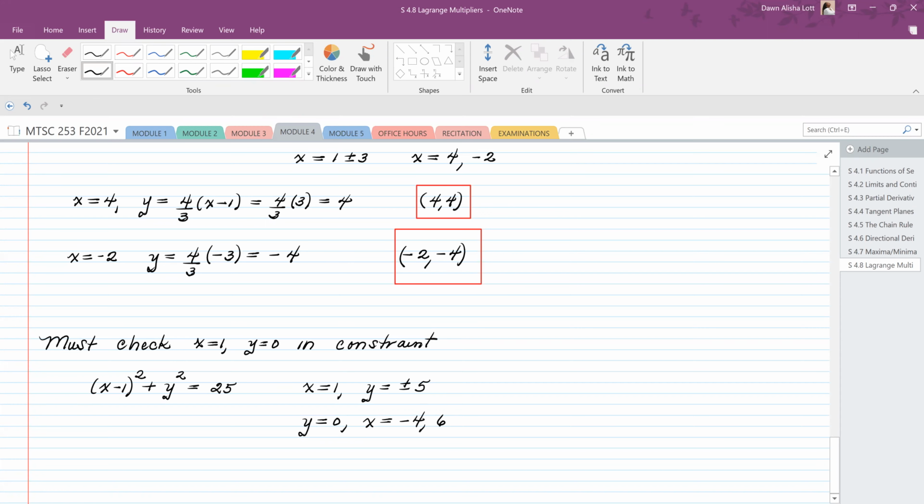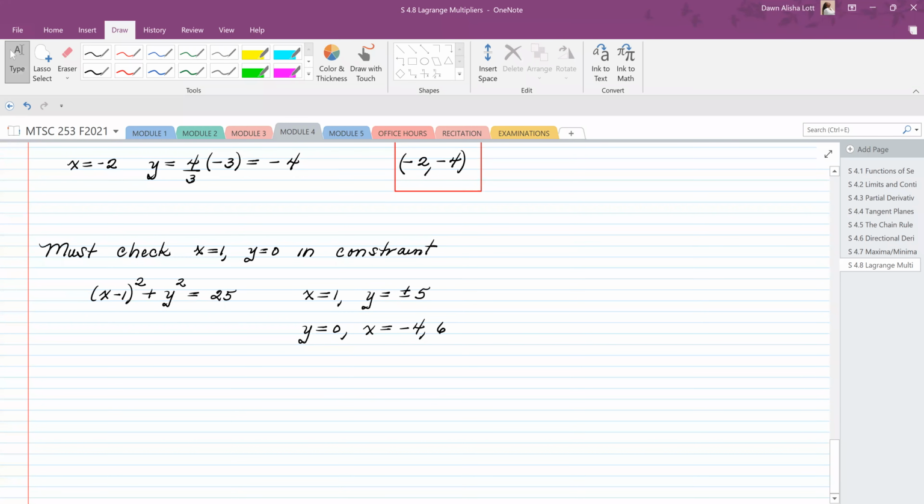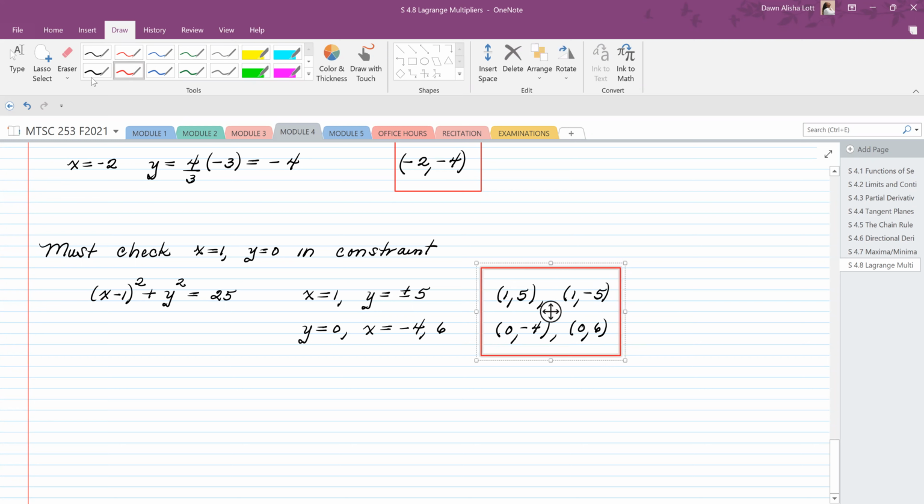Okay, so now I have the point 1, 5, 1, -5, and I have the point -4, 0 and the point 6, 0. Those come from the fact that when we were solving for the Lagrange multiplier lambda, we excluded those values, so we need to still check those values in the constraint.